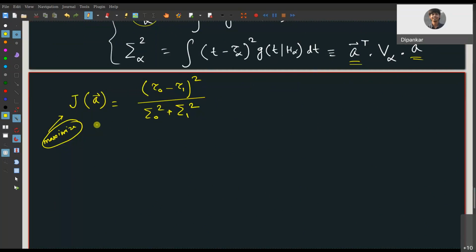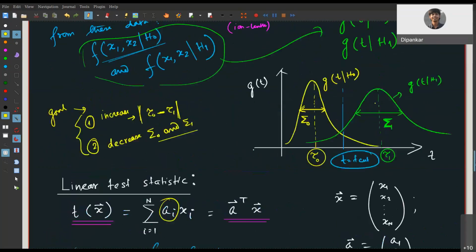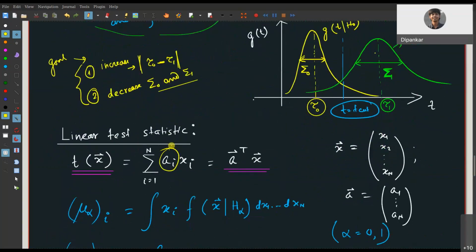So you treat A as a parameter and you maximize this quantity J, and by maximizing you find the value of this A vector and substitute it in this test statistic, and that would be your optimal linear test statistic. That is the best test statistic that you can construct. No question about that. Okay, that is the best test.